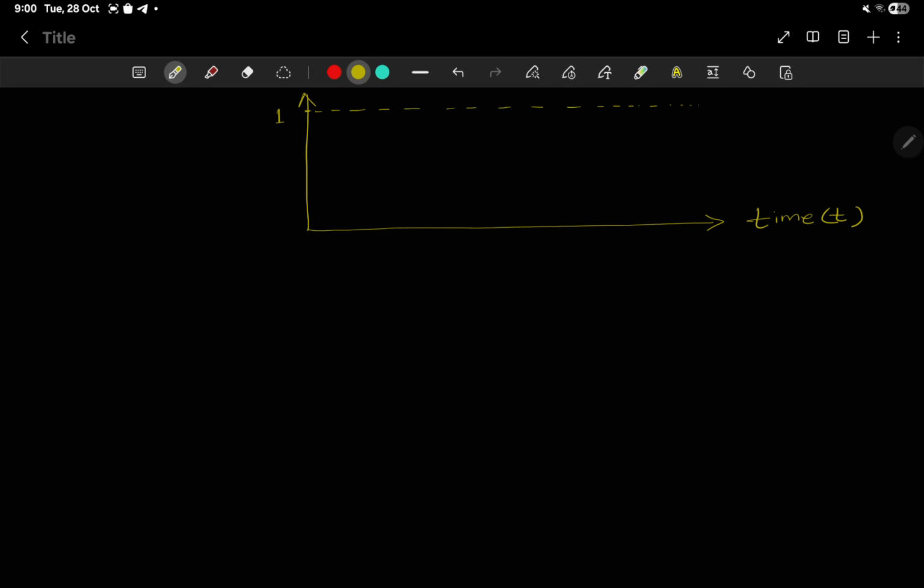Here we will get the S curve. It will start from here and end, let's suppose, here. So this will be something like an S curve.